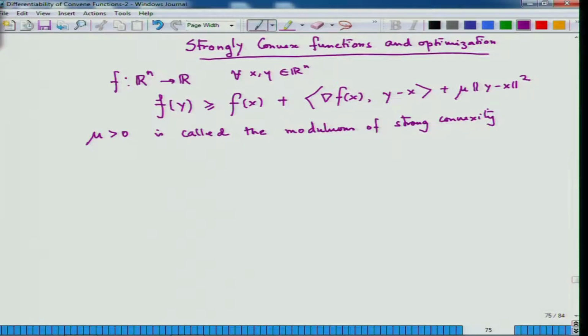Just for simplicity, we will put mu equal to m by 2, because we need to differentiate this part also very soon.